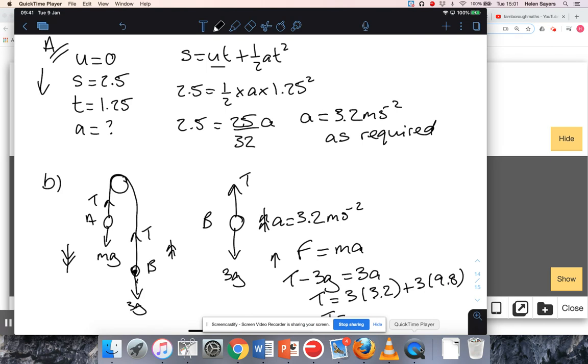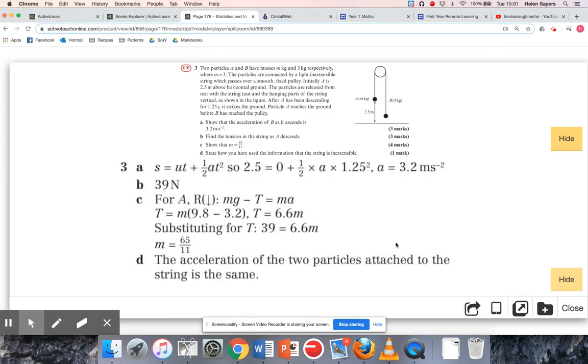Okay, so I'll stick that in the calculator. And that gives me 39 newtons. I'll just double check that that is correct. Yep, 39 newtons.